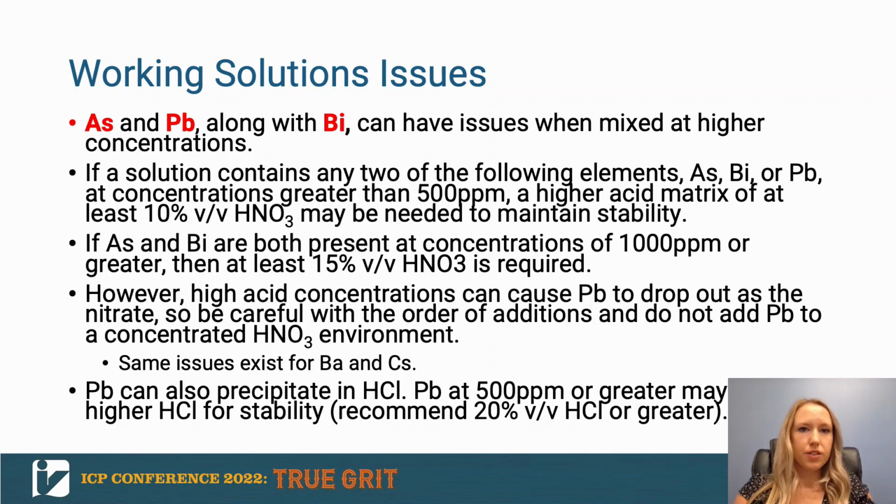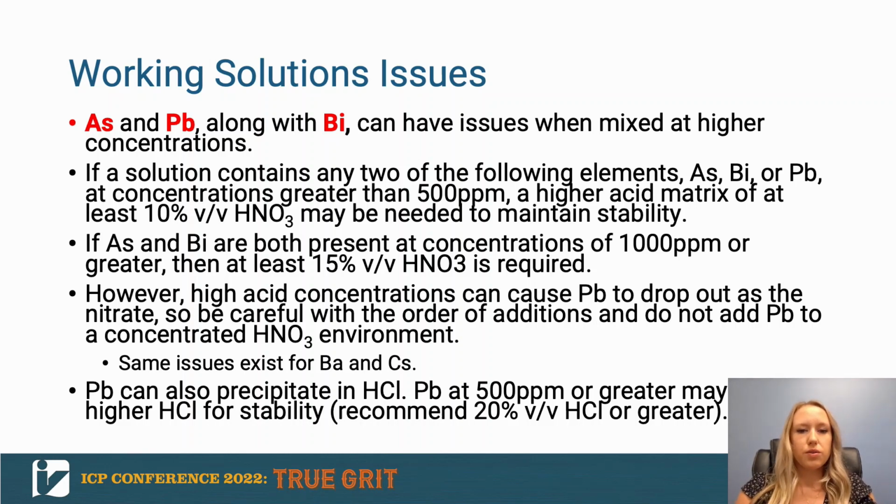Another issue you can run into deals with the solubility of arsenic, lead, and bismuth when combined at high concentrations in your solution. So you may need to increase your nitric acid concentration if you do have any combination of these elements in your solutions, just to make sure that you are stabilizing those properly.